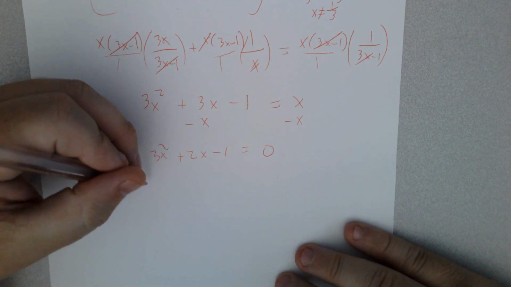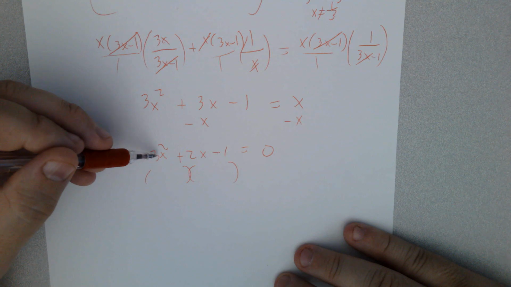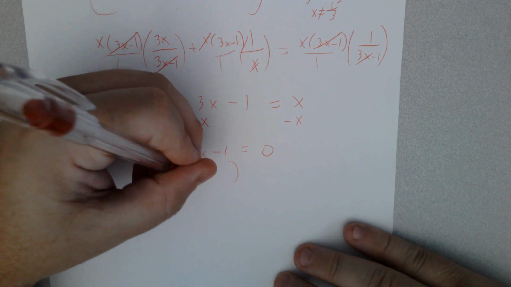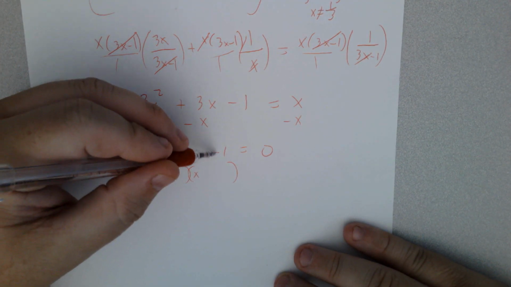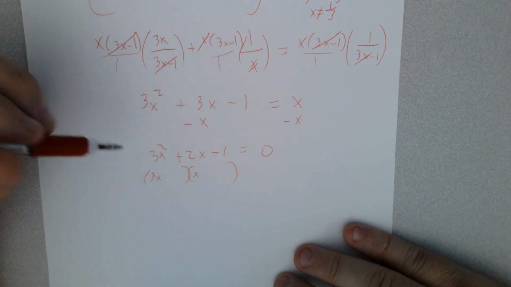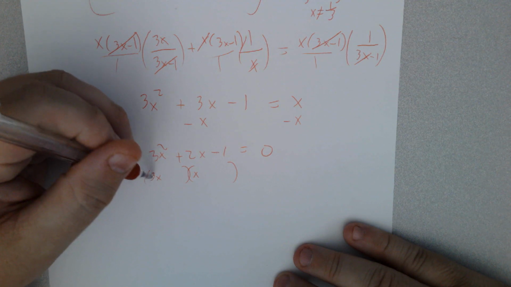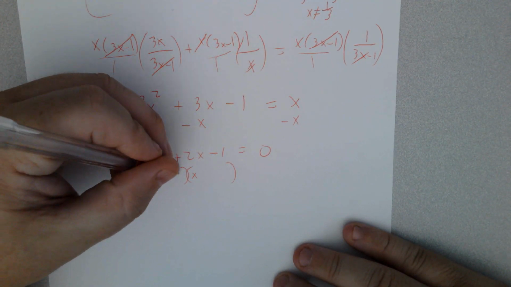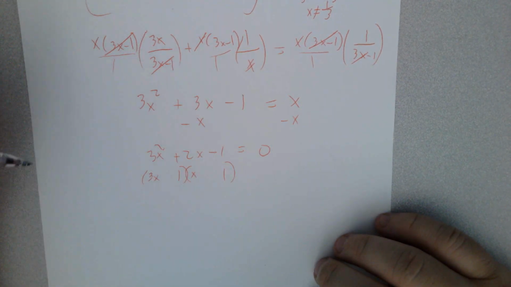And now I'm just going to factor this quadratic. Again, 3x squared only has one real factor set. That's 3x and x. My second sign here is negative, which means I have both a positive and negative sign. I don't know which one's which yet because that 3 will make a difference which one's where. But the factors of 1 are just 1 and 1, so I can fill those in immediately.